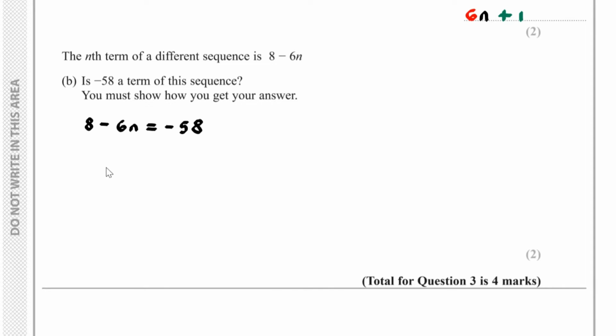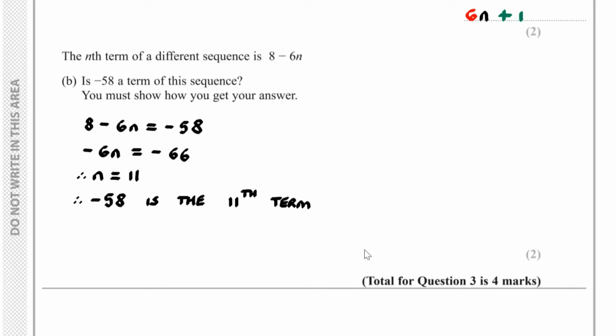So now if we attempt to solve for n, we have negative 6n equals negative 66, which means n is equal to 11. Because we have a whole number for n, we can conclude that negative 58 is the 11th term.